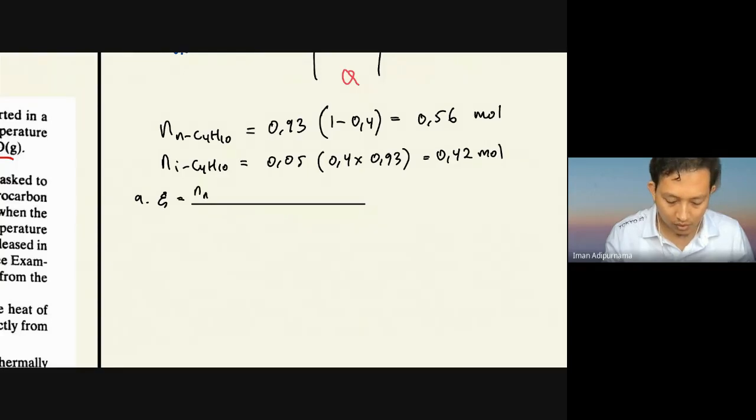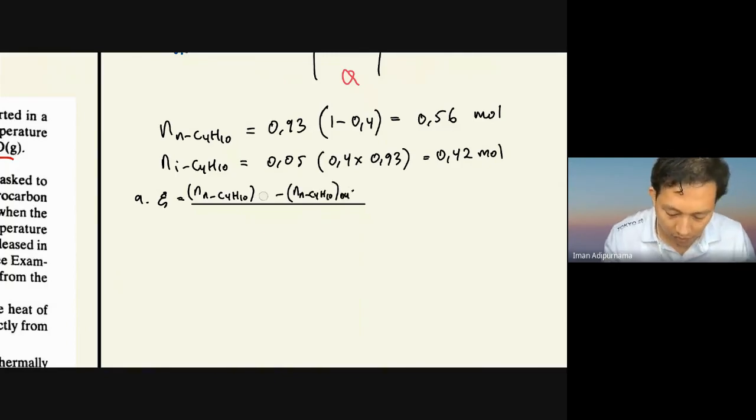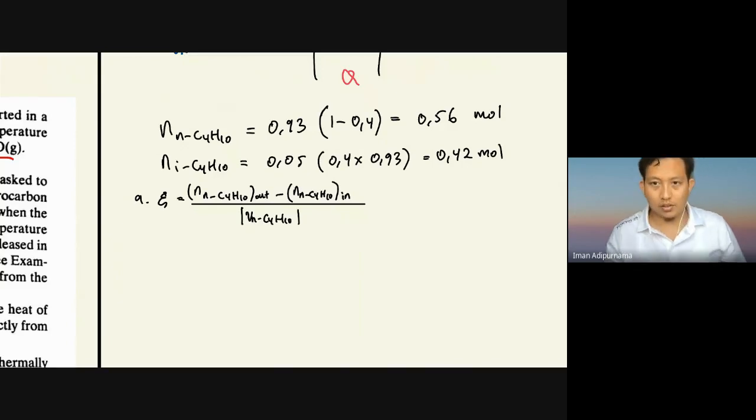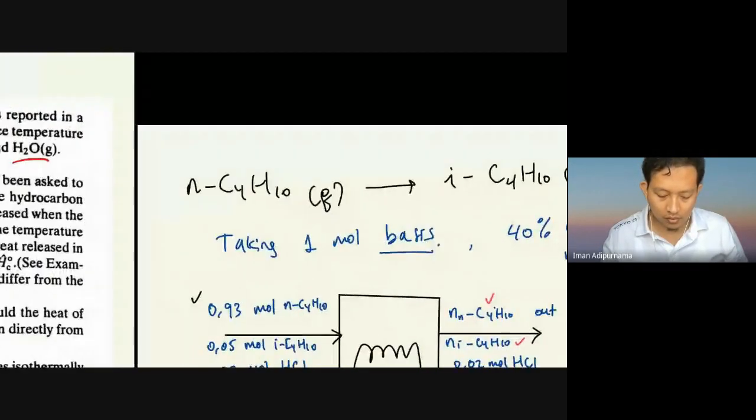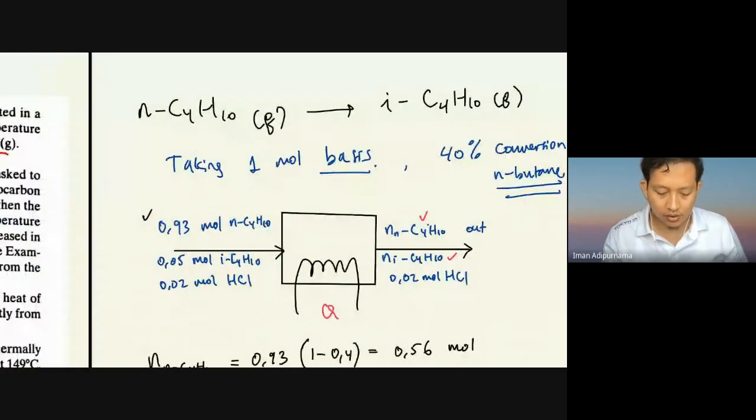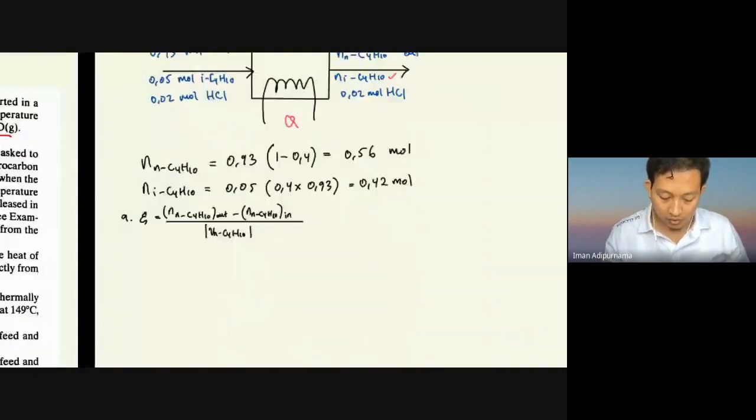This is the n-butane mole out minus mole in. Oh, right, out minus in, sorry. And then divided by the stoichiometric coefficient. There is nothing extra in this reaction, it's only 1 mole, so it's only 1.